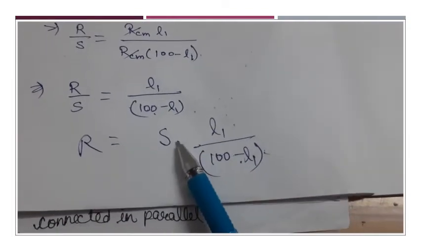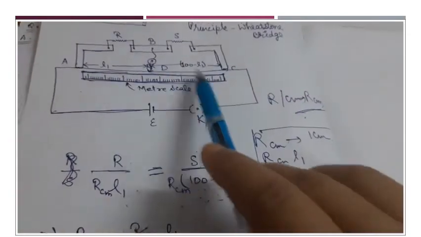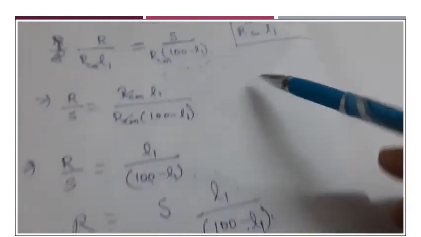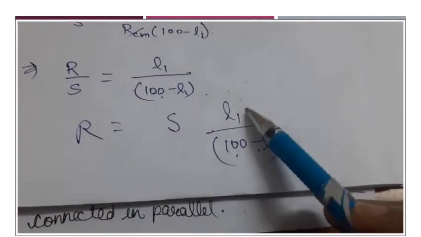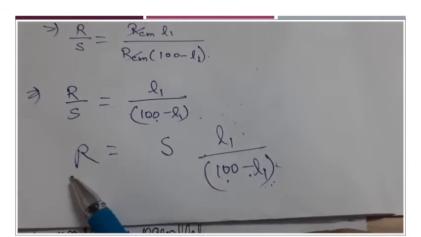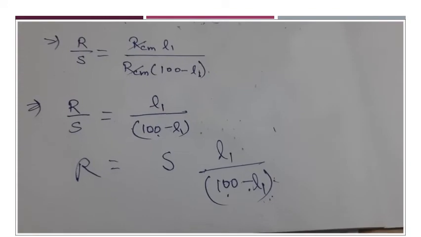S is the standard resistance which has a known value, and the other two resistances depend upon length, so we determine their values. Just by finding the balancing length experimentally, we can find the unknown resistance R. This is how the meter bridge works.